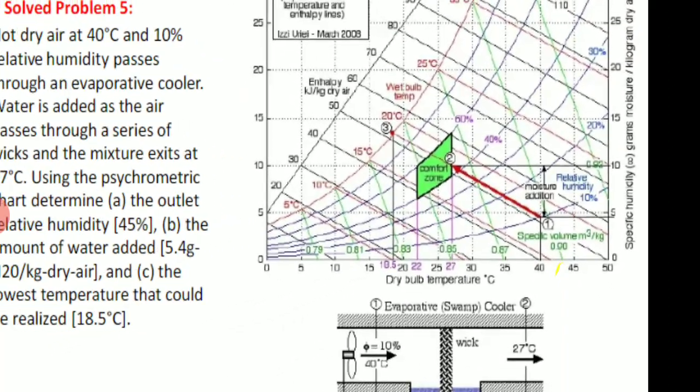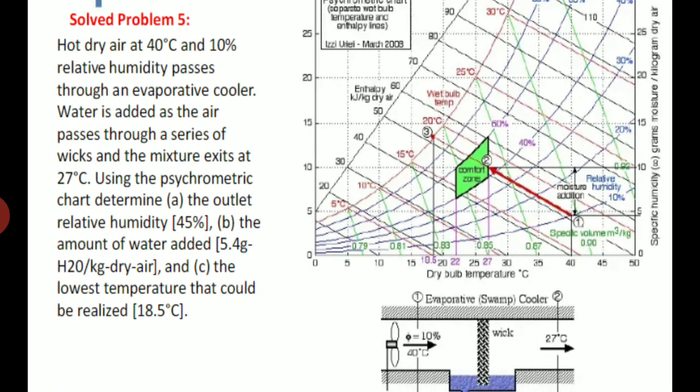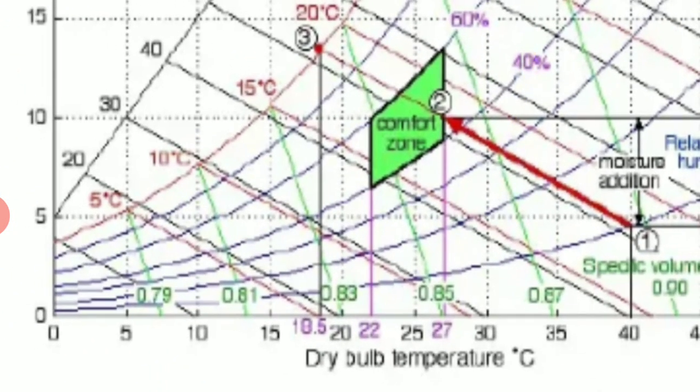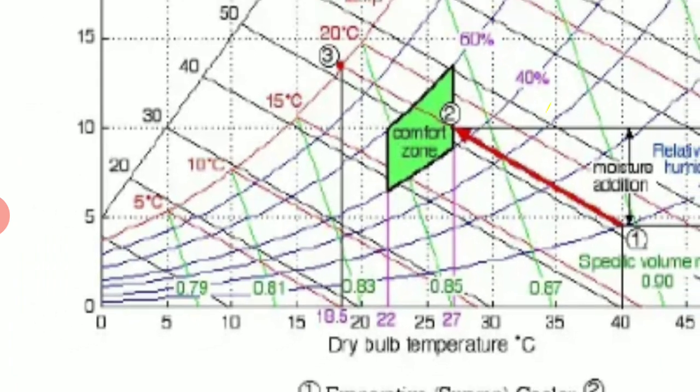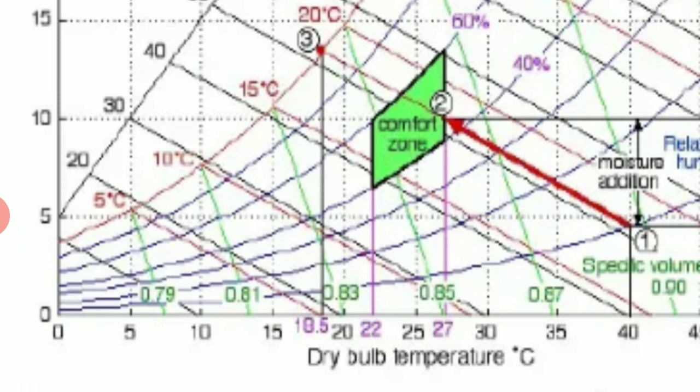So the first parameter is the outlet relative humidity. What is this outlet relative humidity? We got 27, so for 27 degrees Celsius, what is my phi? Point 2 is located in between 40% and 60%. Approximately, it is nearer to 40.